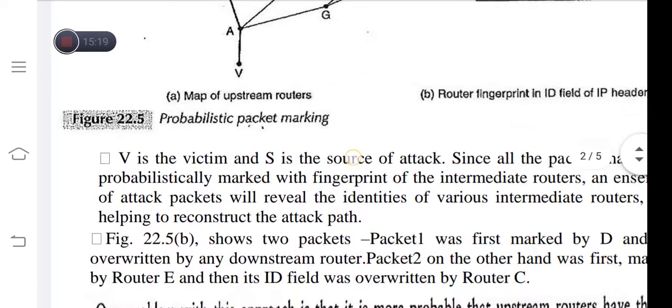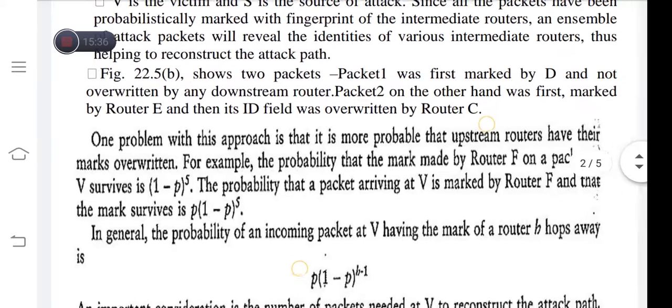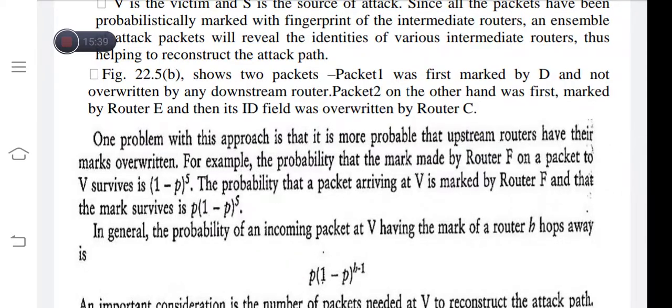So its probability is (1 minus p) to the power h minus 1. The number of hops from the victim to F is 6, so 6 minus 1, that is (1 minus p) to the power 5. Therefore, the probability that a packet arriving at V is marked by router F and that mark survives is p into (1 minus p) to the power 5.